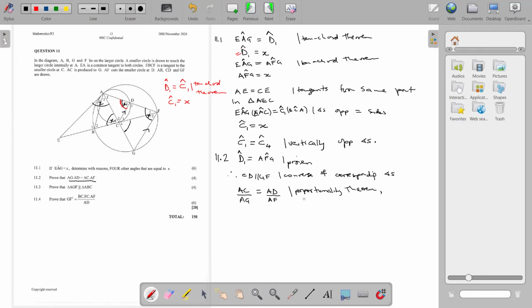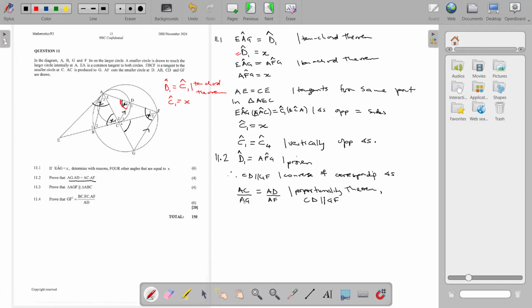Which sides are parallel? CD is parallel to GF. It has been proven earlier in this question.